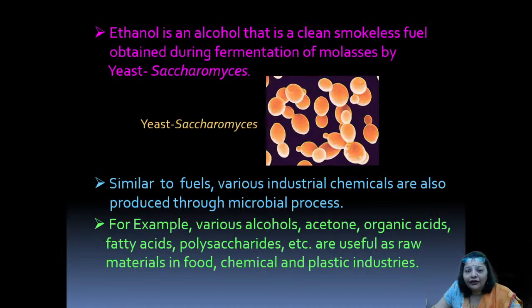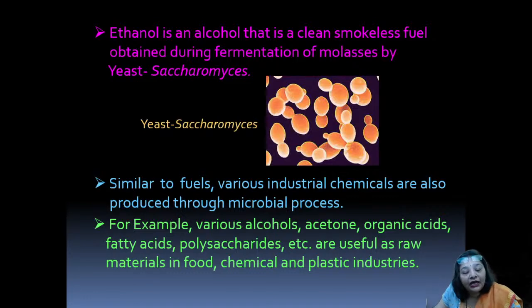So ethanol is said to be a clean and smokeless fuel, and Saccharomyces species act on the molasses, the carbohydrate, and this process of fermentation gives the product, that is ethanol. Ethanol is also a liquid fuel, and it is also a kind of eco-friendly fuel.